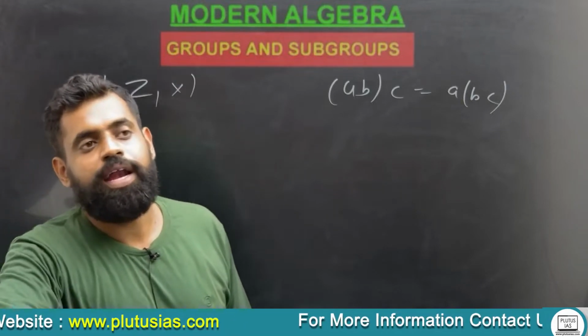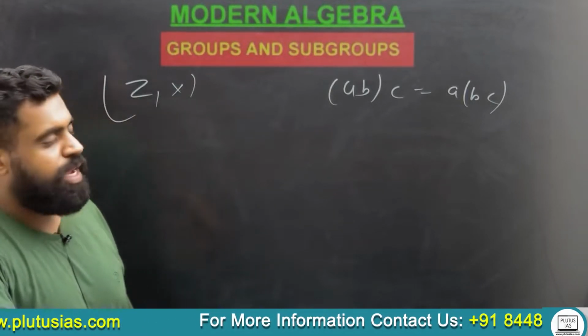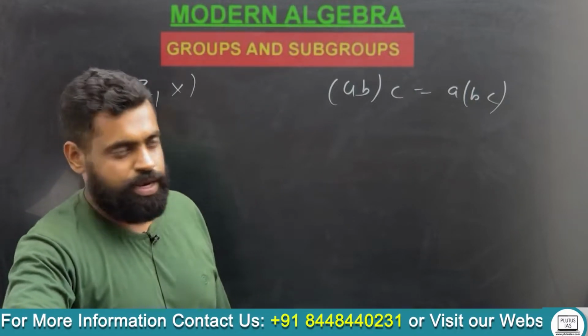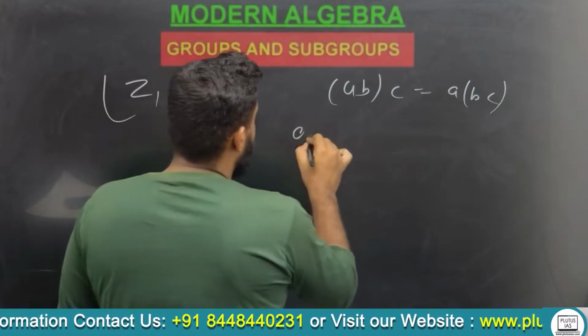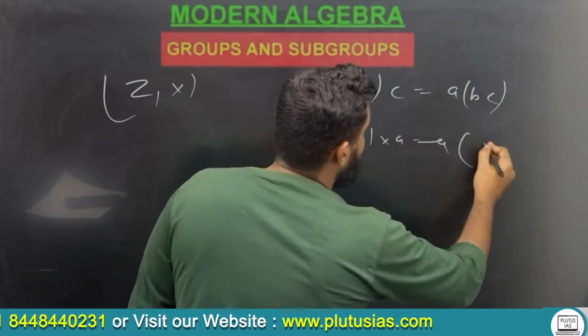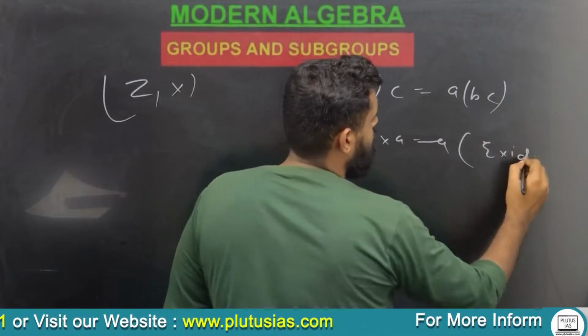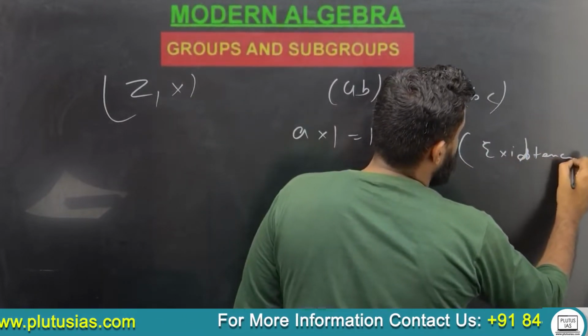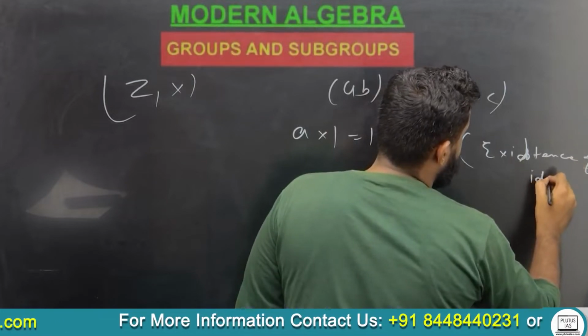Existence of an identity: in the case of multiplication we have an identity element, that is 1. If we multiply a by 1 or 1 into a, we get a, that is the existence of identity.